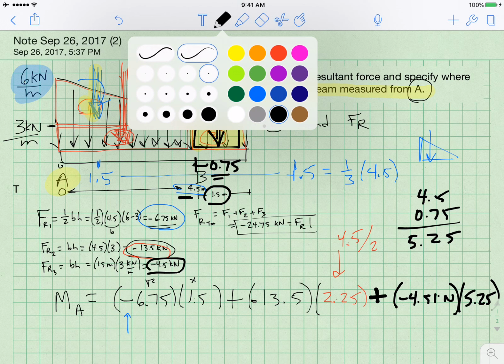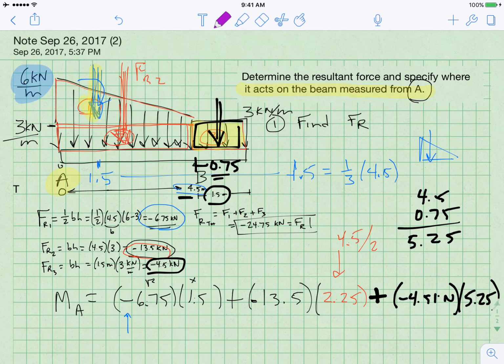All of these forces are going to cause a negative rotation, and those negative rotations are shown by the signs here. They are all negative, and when we add all these things up, we find a total moment of minus 64.25 kilonewton meters.